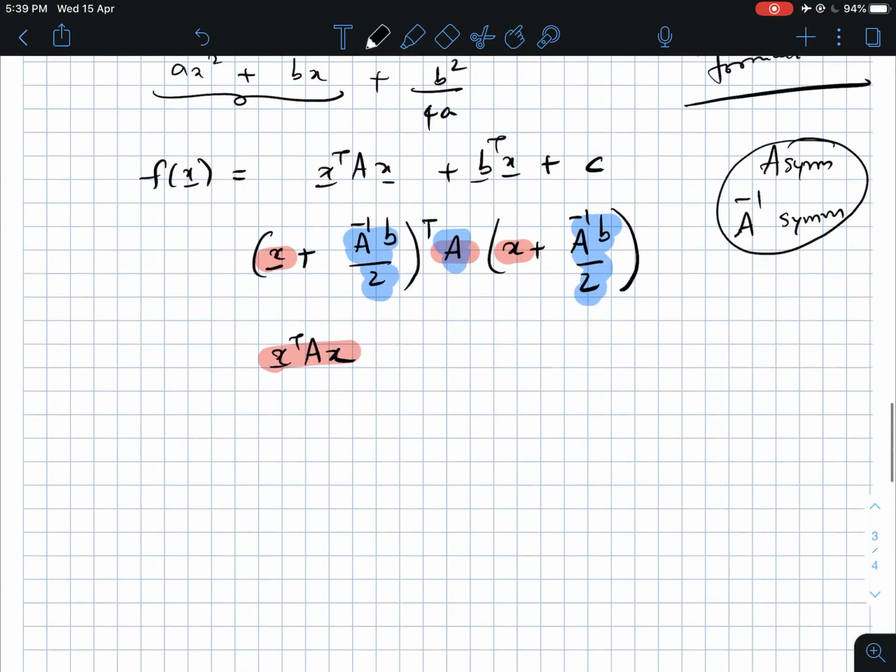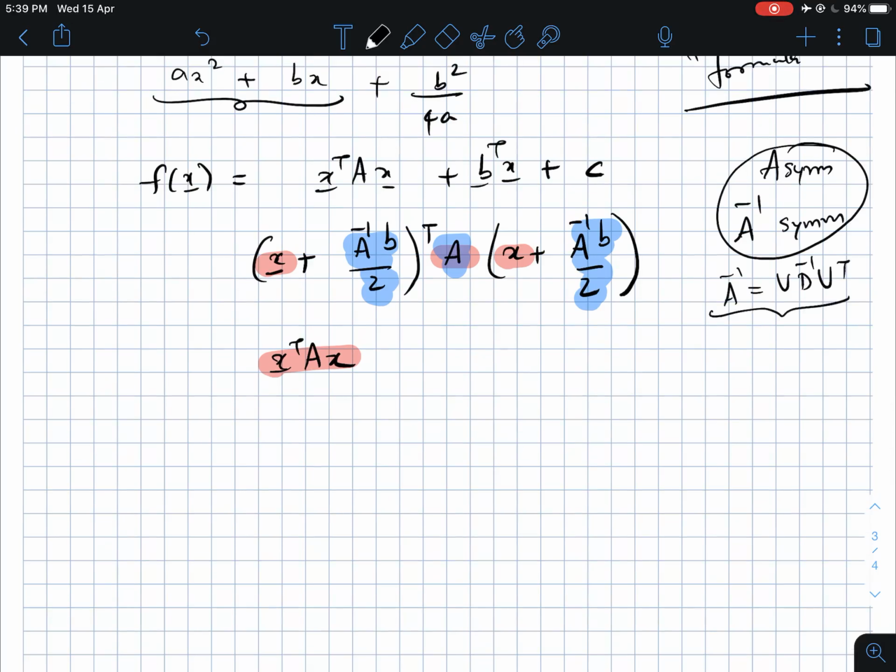In fact, you can actually write an expression for A inverse. A inverse is V D inverse V transpose. That's why A inverse is also symmetric. Okay, so then what are you going to get?